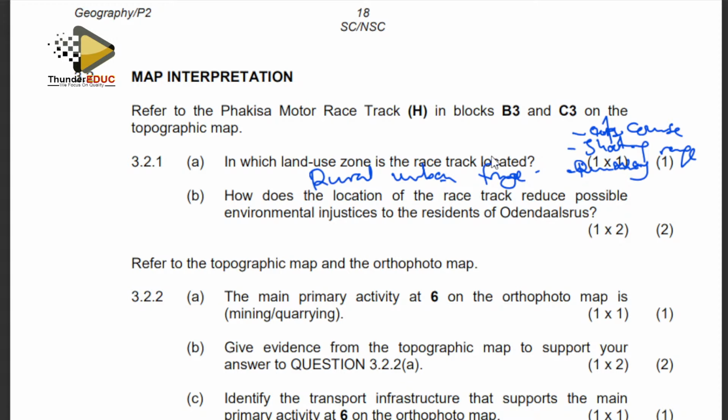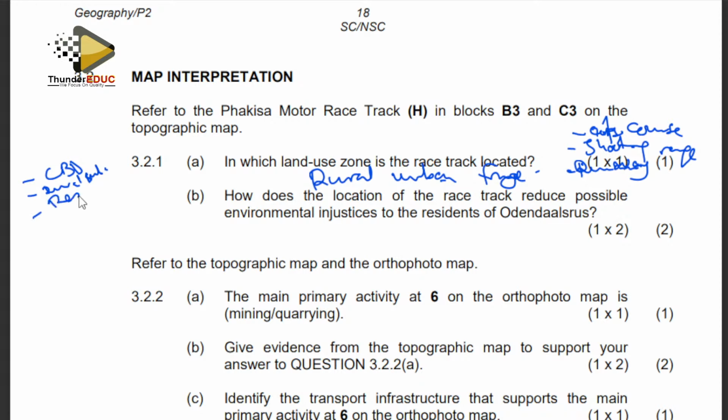All those are found in those areas. Why? Because there's enough space that can be used, and that place does not have a lot of people. Remember, when they talk about land use, we are referring to what the land is used for. Remember, under settlement, you know the land use we're referring to, the CBD. Okay, we have the rural urban fringe.